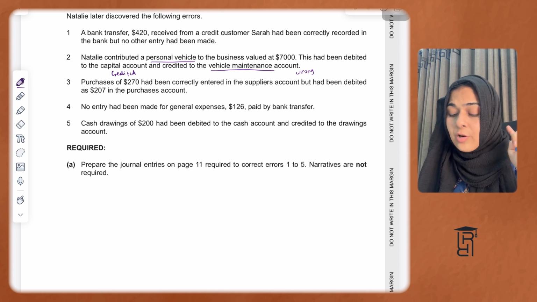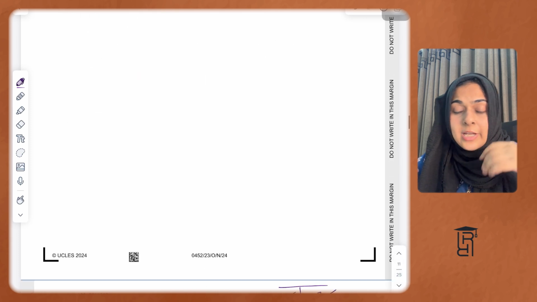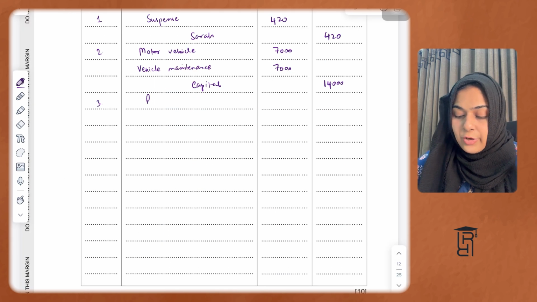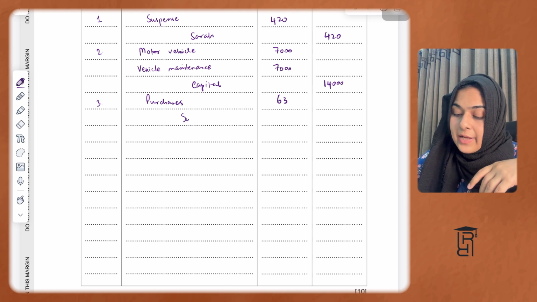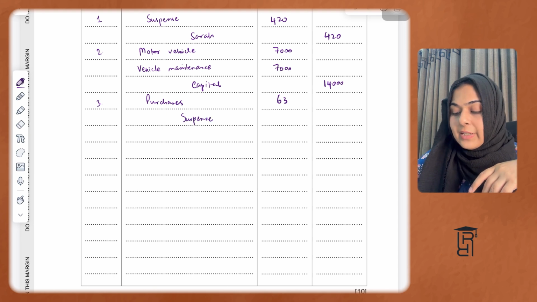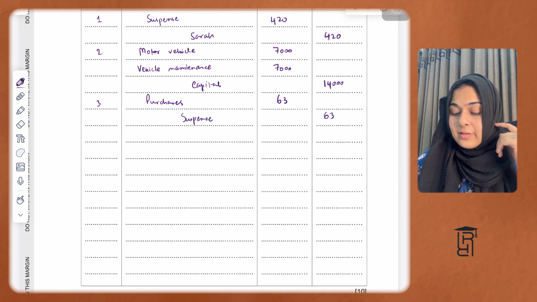But in the purchases account on the debit side, I've written 207, which means I have understated purchases. So now I need to debit purchases in order to record the 63, which I did not record earlier. So I will debit purchases by 63. So this will now come up to 270, right? And I will credit suspense because I don't have anything to credit.